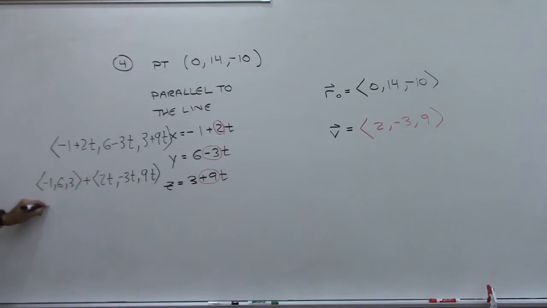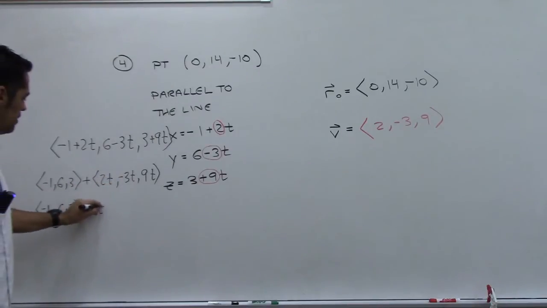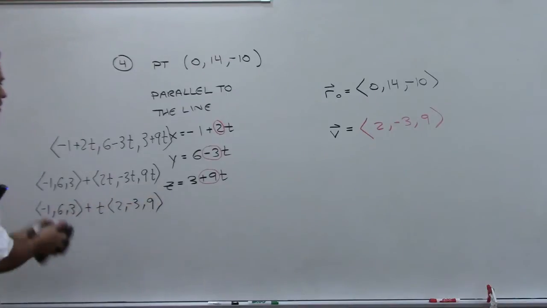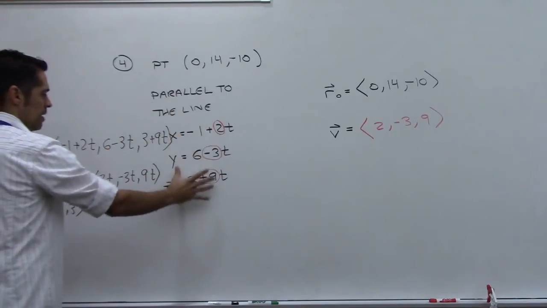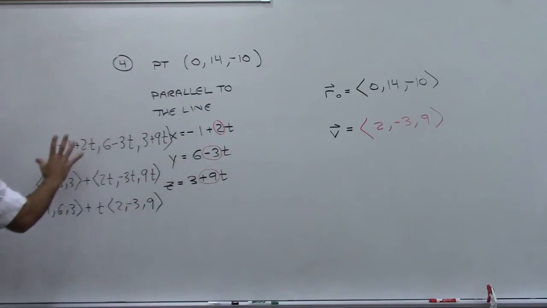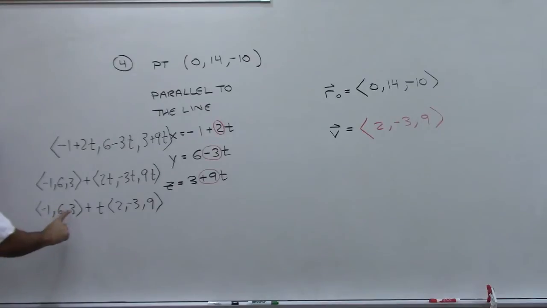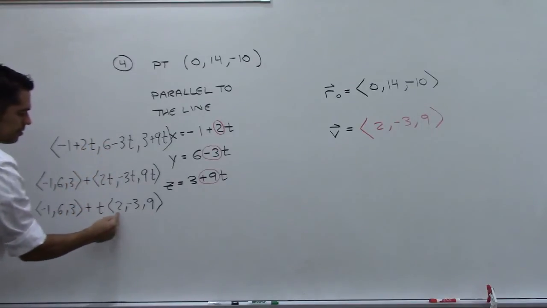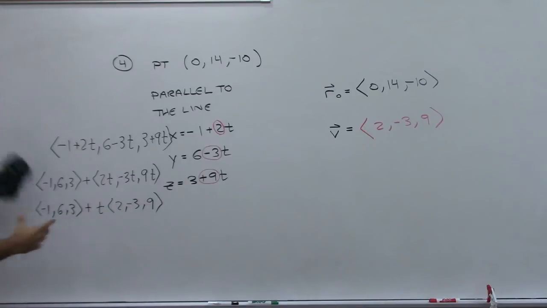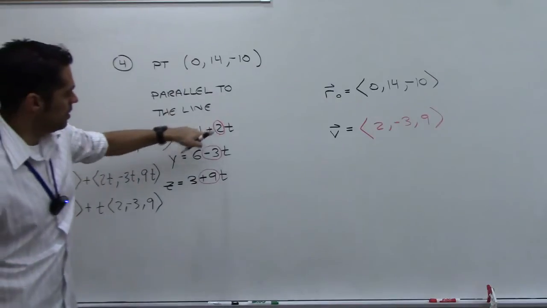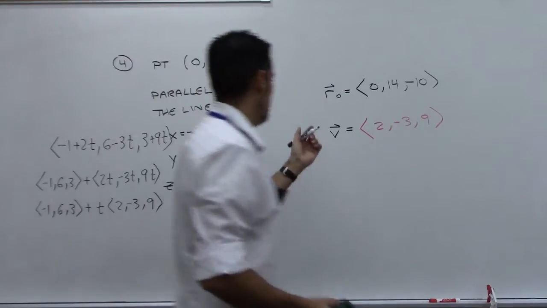And then negative 1, 6, 3, plus factor a t out, t times 2, negative 3, 9. So this line right here from these parametric equations, if we switch it back to the vector equation, it would be this. But notice that if we decompose this and go backwards, this right here, 2, negative 3, 9, is the direction vector. This is like the v. So that's why all we have to do is look at these numbers. And so we've got everything we need.